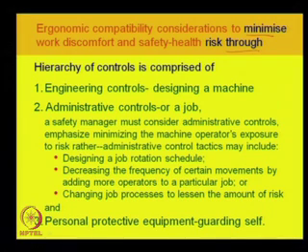Administrative control tactics may include designing a job rotation schedule, decreasing the frequency of certain movements by adding more operators to a particular job, or changing job processes to lessen the amount of risk, and number 3, the personal protective equipment, that is guarding the self.